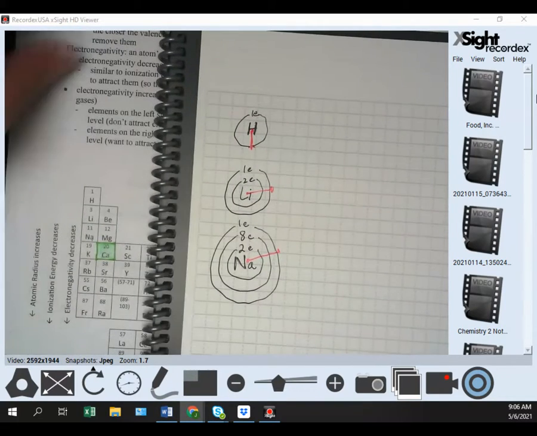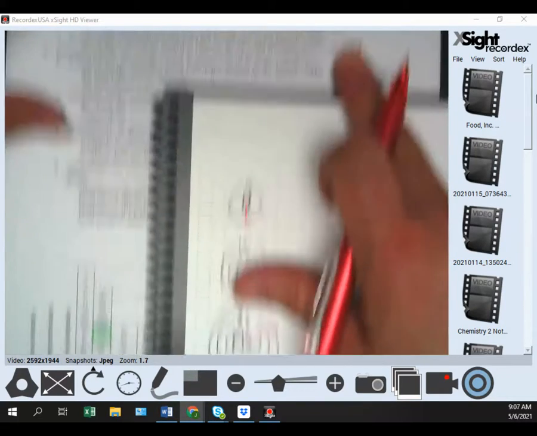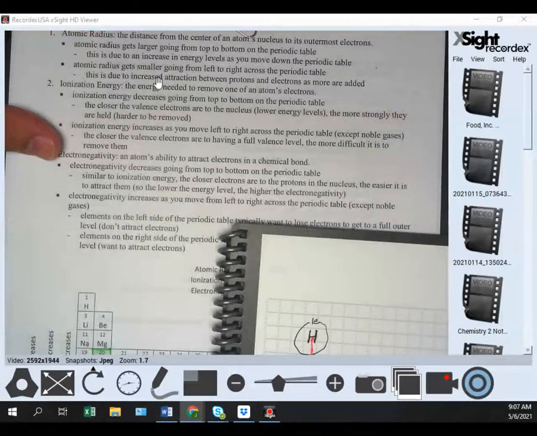Okay. Going from left to right, the atomic radius gets smaller. This is due to the increased attraction between protons and electrons as more are added.